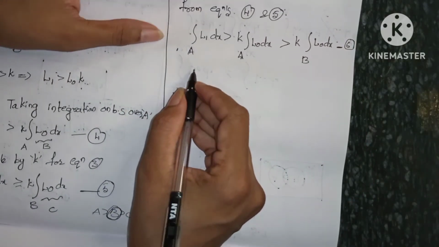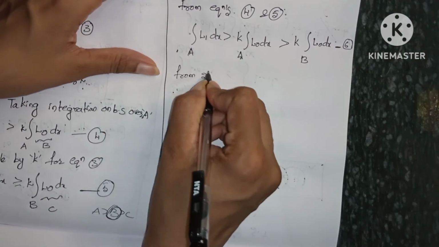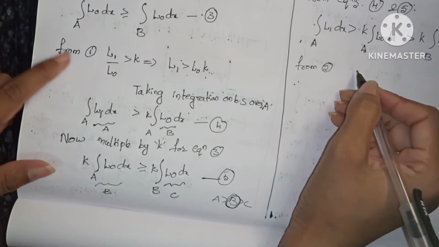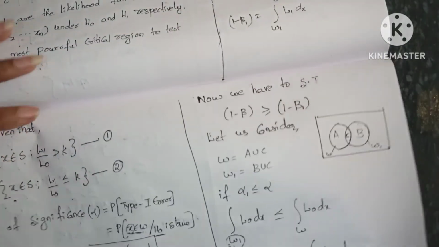Okay. So now from 2. Here we have taken equation 1. Now we have to take equation 2. So what is equation 2?